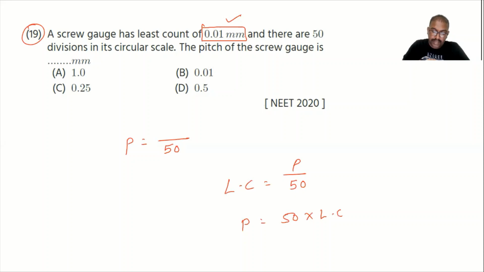So 50 multiplied by 0.01 is 0.50 mm. So we have to find out pitch in mm. So 0.5 is written in option D. So option D is the correct answer.